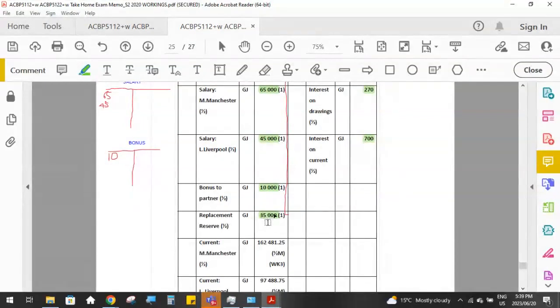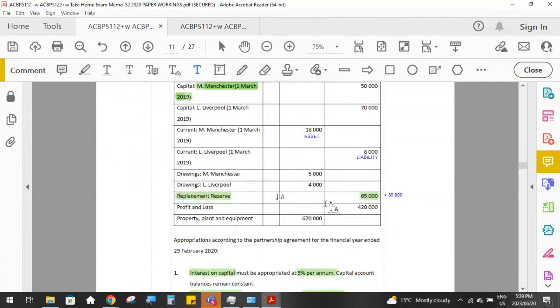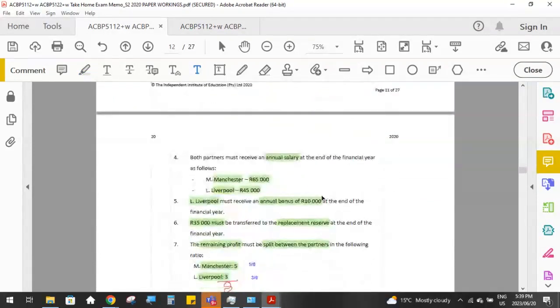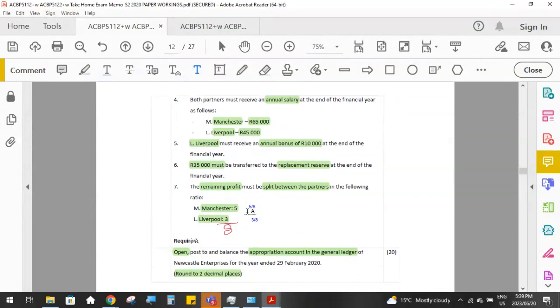Okay, so we've taken 35,000 out, transferred it to the replacement reserve. And then we've done everything according to the partnership agreement, except for the remaining profit that must be split between the partners in the following ratio: 5/8 to Manchester and 3/8 to Liverpool.